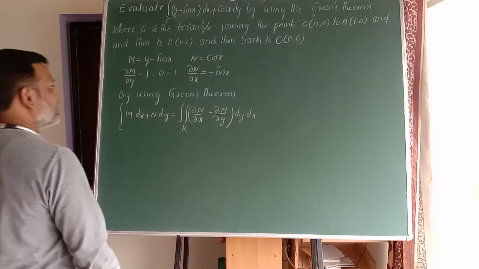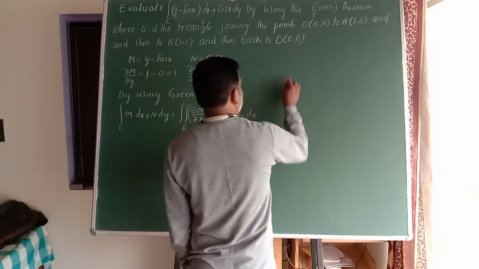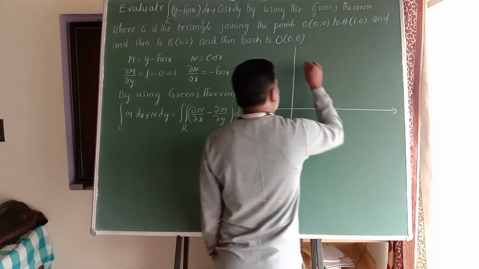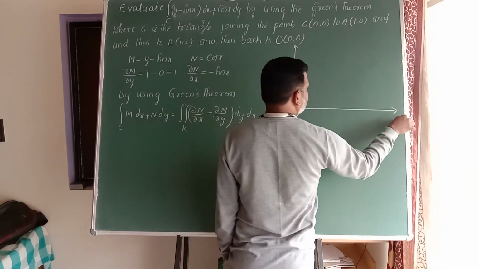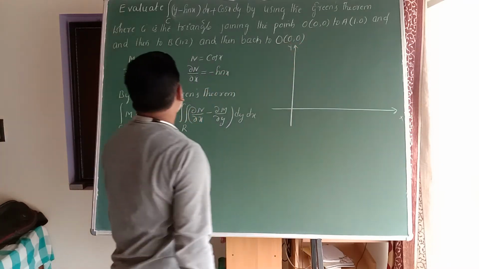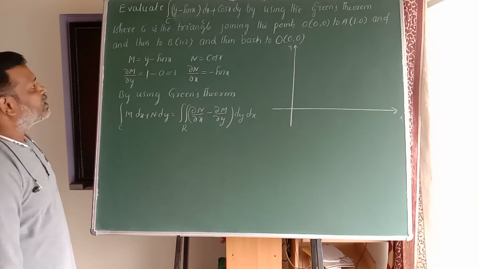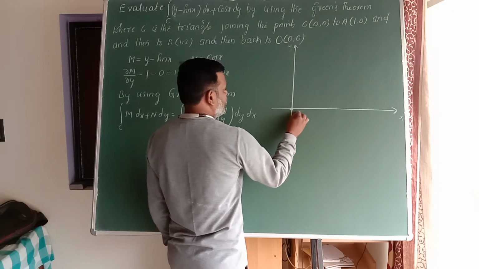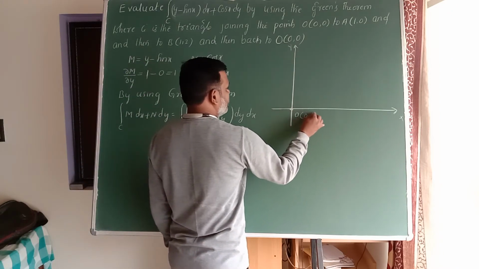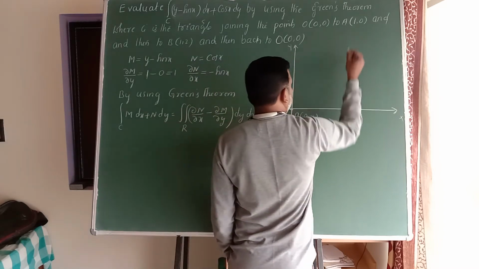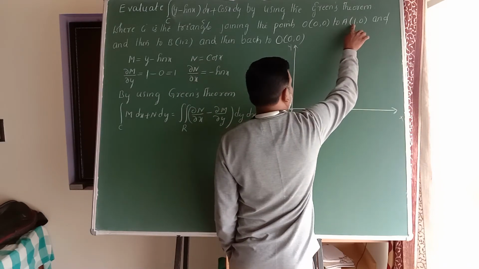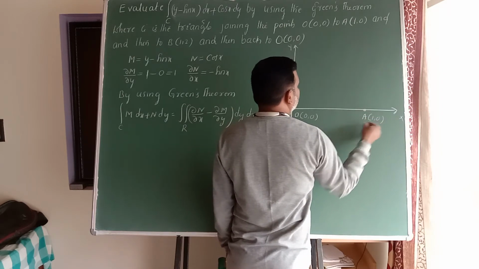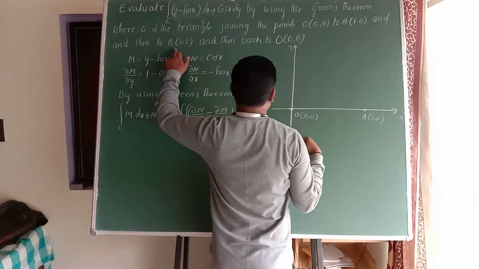Now let us understand the figure first. If you understand the figure, it is very easy to handle. This is the x-axis, this is the y-axis. C is the triangle joining the points O of 0, 0, and then to A of 1, 0, along the x-axis, and then B of 1, 2.